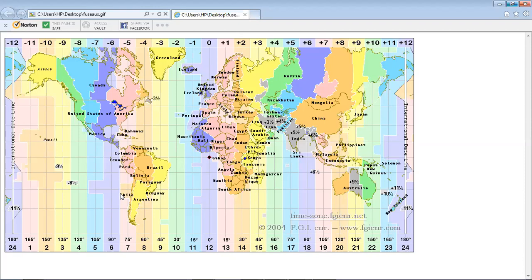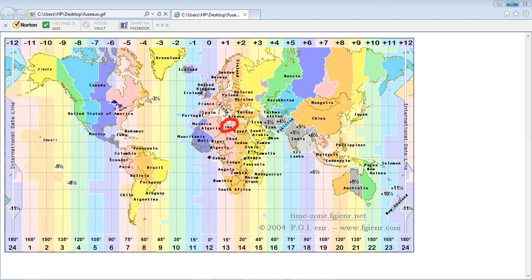This is the map of the world. And Libya, can you find Libya? Here, I found it. Okay, I need to use annotate and this sign. I'm going to circle Libya now. And Tokyo, Japan, is in +9.